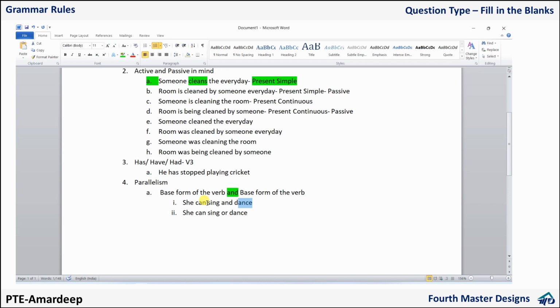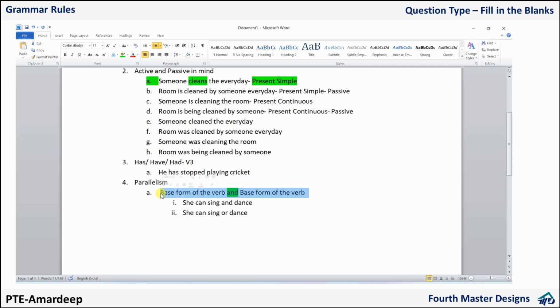Then there is one more thing. With can I need to write first form only. With can I will write your first form, can sing, and now since there is first form before and, it has to be first form after and. Got my point? Now I'll sum up this rule in this way.